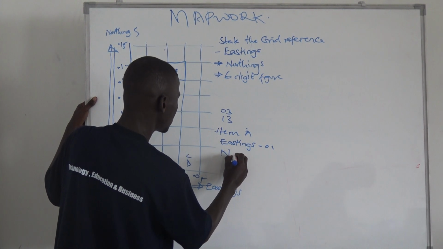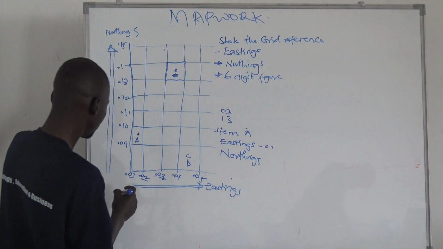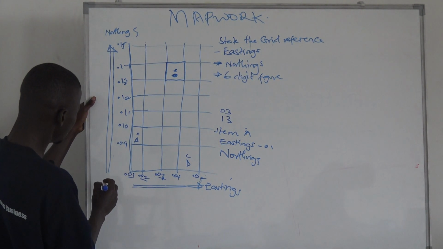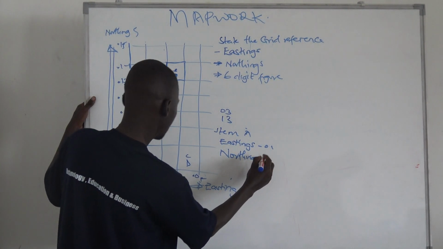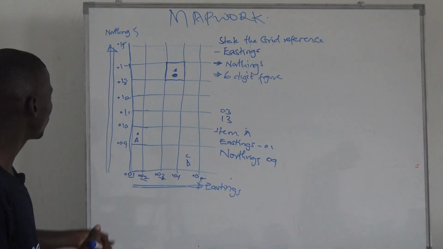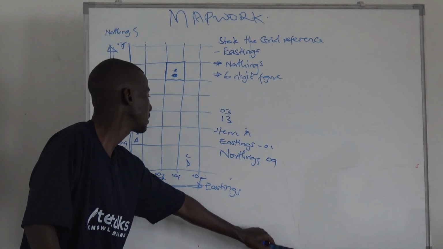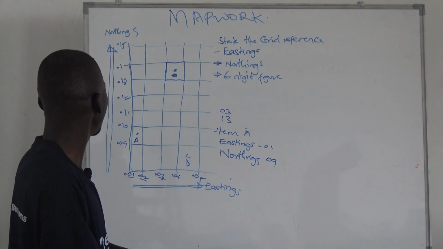Then northings is 0, 9. So that's what we consider when we are stating the grid reference for different features.